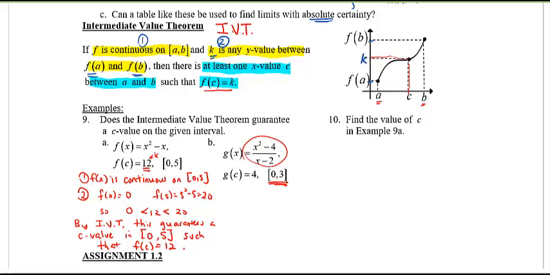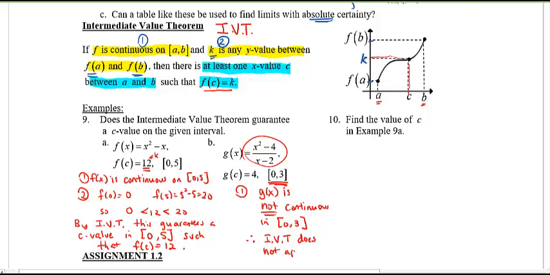Yeah, it's at x equals 2. Oh, no. So for part B, I already know that statement number 1 does not hold. So g of x is not continuous in the interval from 0 to 3, and therefore the intermediate value theorem does not apply.